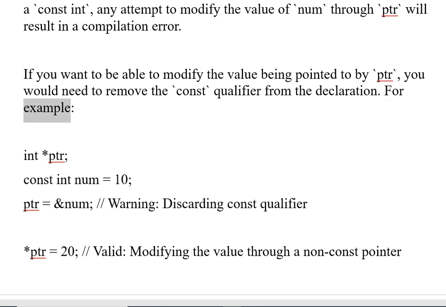For example, int *ptr; const int number = 10; ptr = &number; // warning, discarding const qualifier. *ptr = 20; // valid, modifying the value through a non-const pointer.